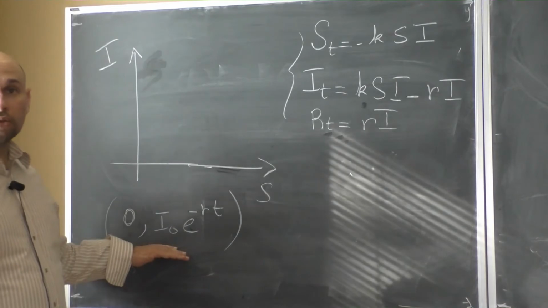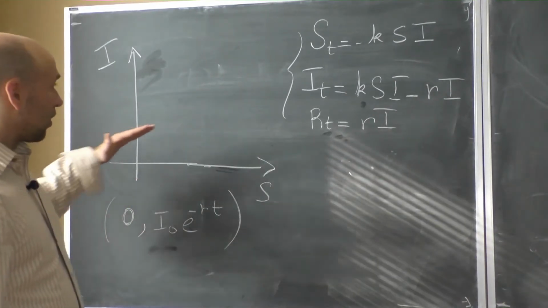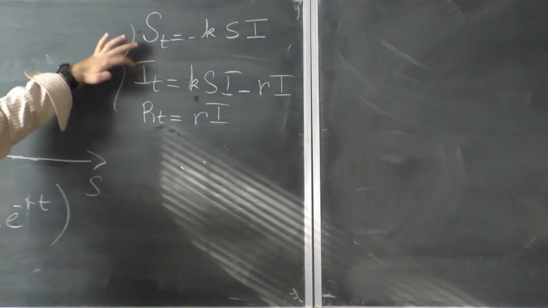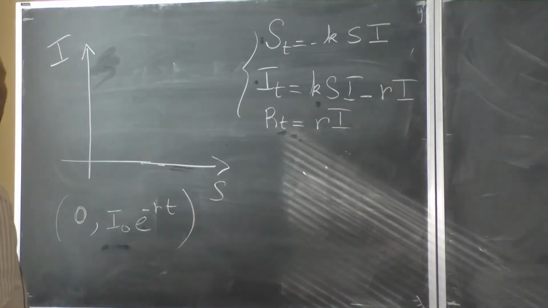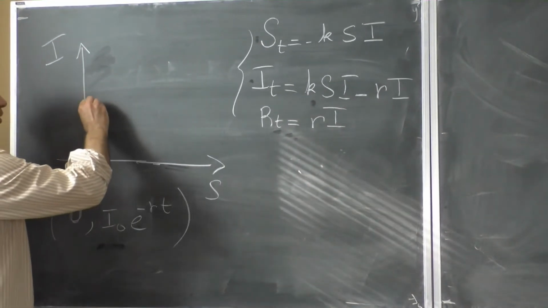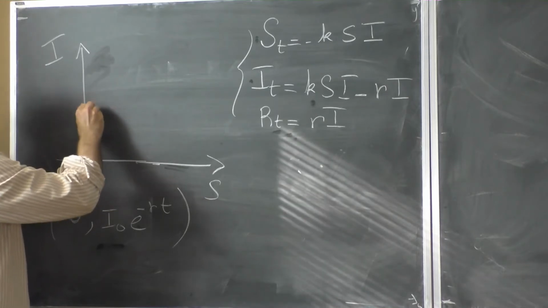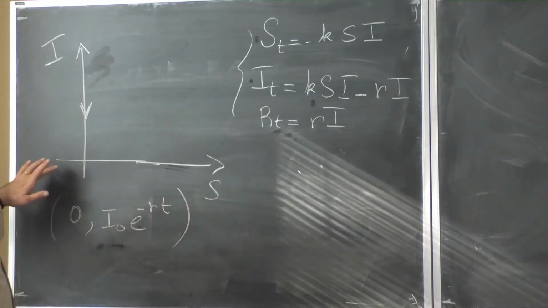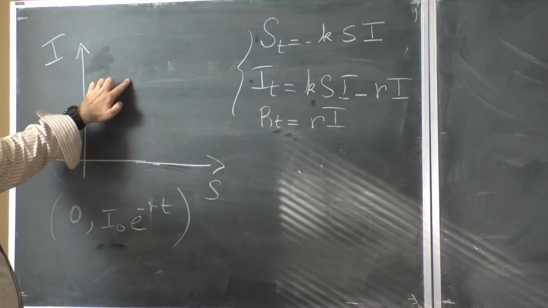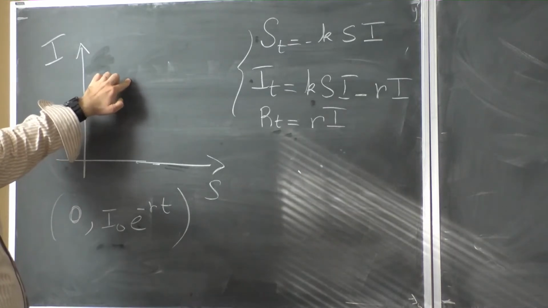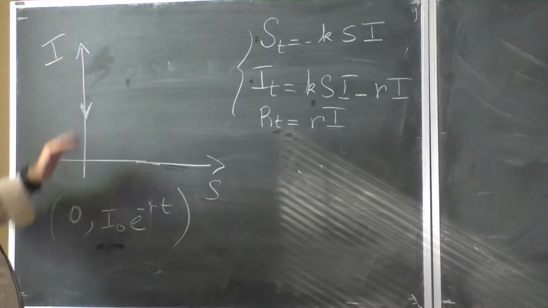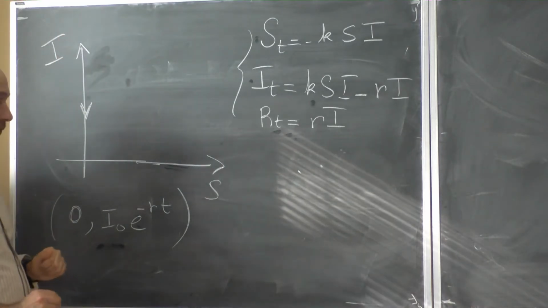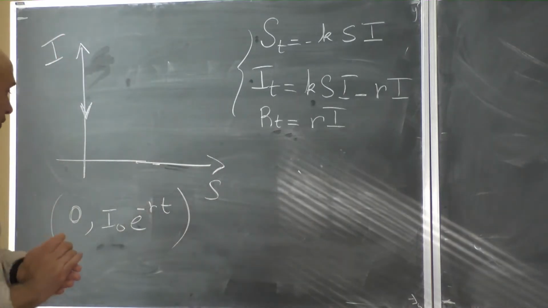Those are all solutions of this two-dimensional system here, right? Which means that if I start with any solution, I will never cross this axis, right, by uniqueness of solutions.